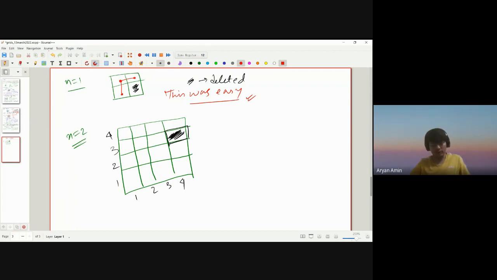Because what you are trying to prove is that whenever you tile a 4 cross 4 with L dominoes, you will have one square left. But you are not telling me what the set of all the squares left is. So basically, the problem tells you that no matter which square you delete, you can always tile the remainder.